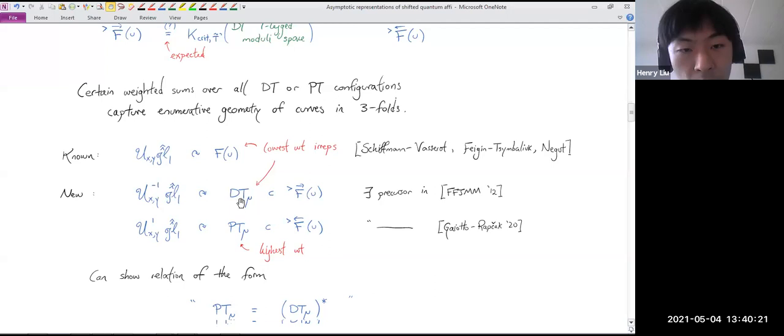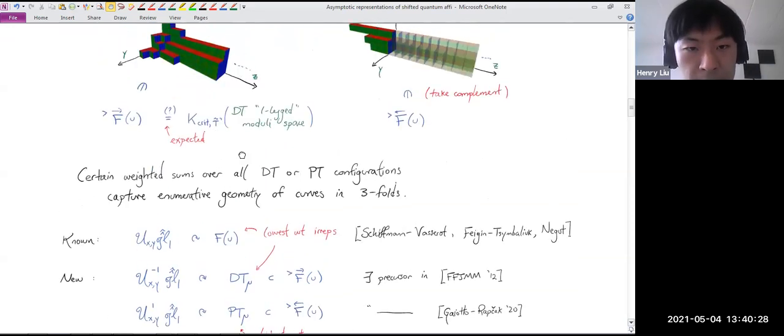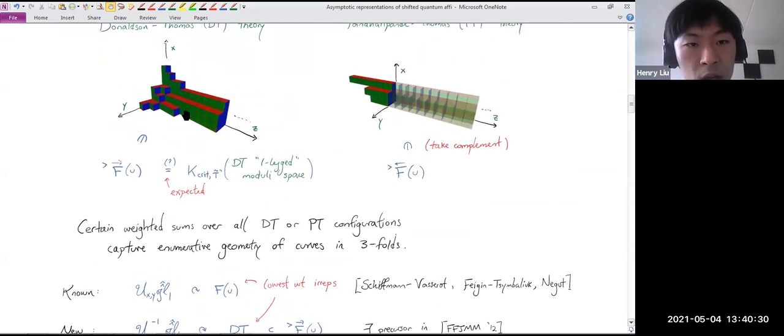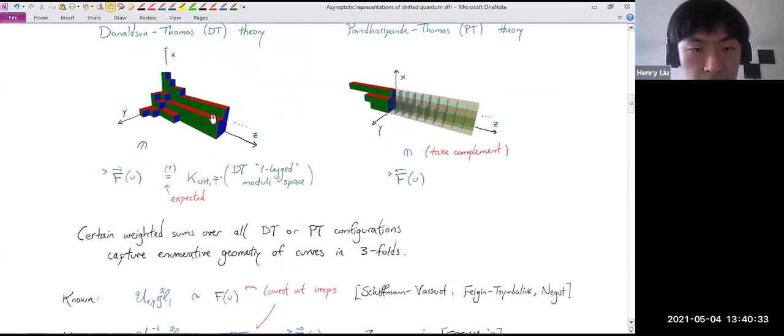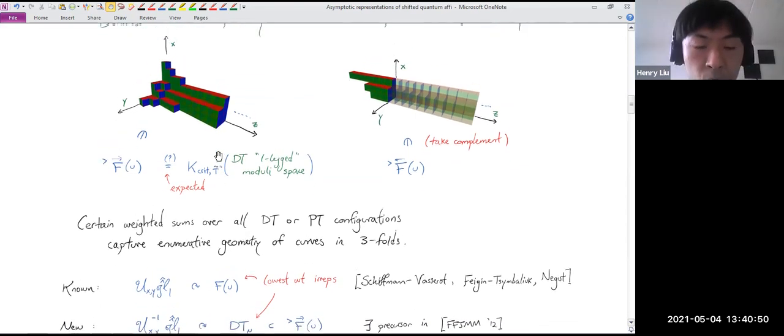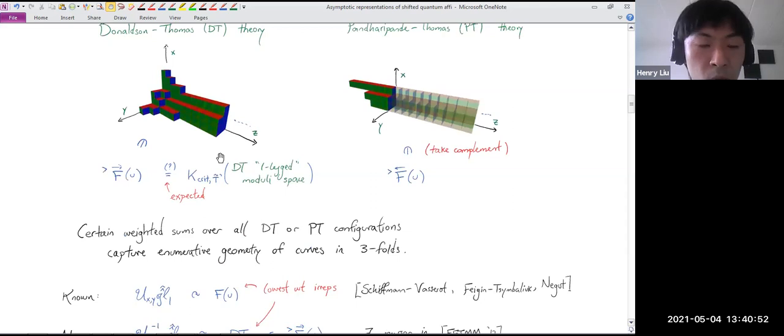The module DT mu, where mu is a 2D partition, has a basis which is indexed by all DT configurations like this, where the infinite leg has profile, which is the 2D partition mu. So here, in this particular picture, the infinite leg is like 3, 2. And more generally, of course, you can study DT configurations with any fixed infinite leg.